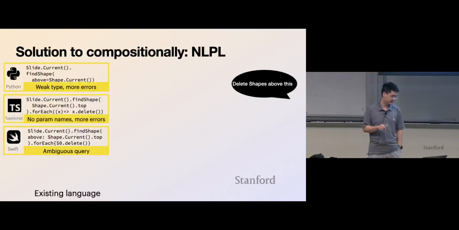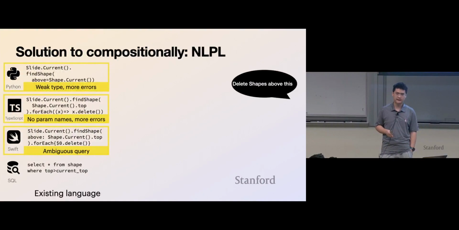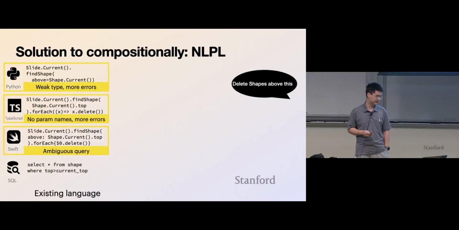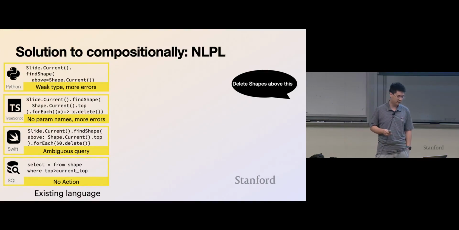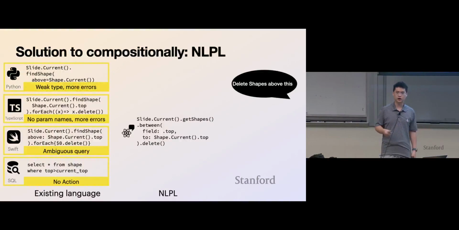So I make each one of the parameters explicit, which is kind of how Swift designed their language. One more thing is that we noticed a lot of the user queries are kind of like SQL, where there's a lot of filtering, and a lot of executing an action for a bunch of items at the same time. So we incorporated all of those features into this NLPL language.